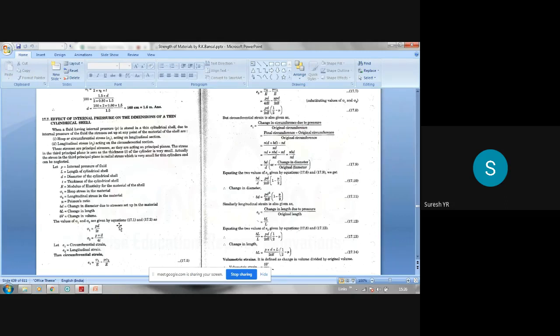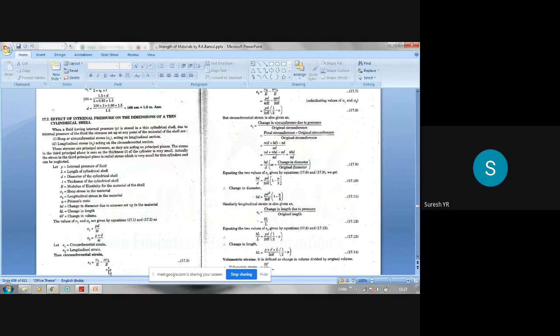That we have to remember. That is generalized Hooke's law, assuming all tensile. I have given the sketch for all tensile stresses. Here, since sigma 1 and sigma 2 are tensile stresses, only 2 stresses we are considering. We are not considering the third one. So sigma 1 is taken as sigma x, sigma 2 is taken as sigma y. That's all.